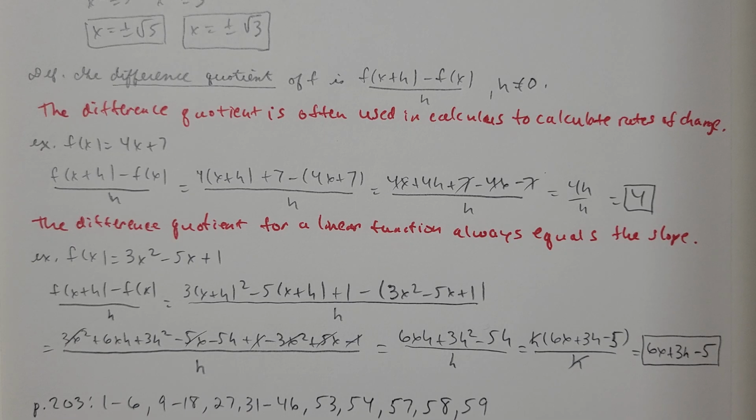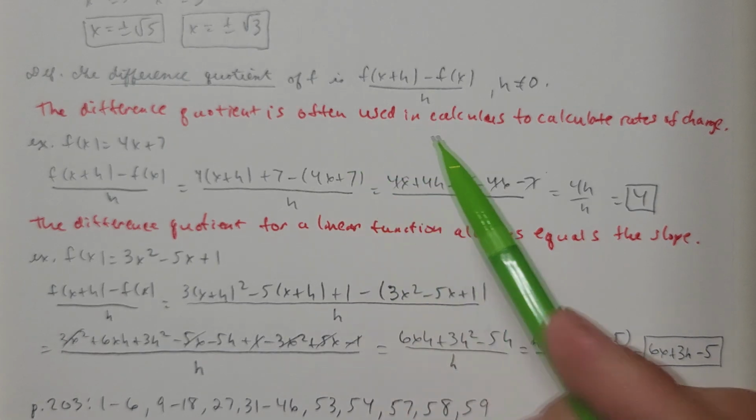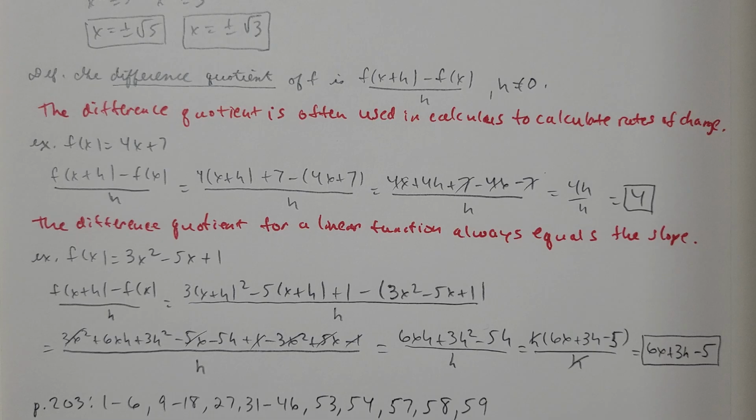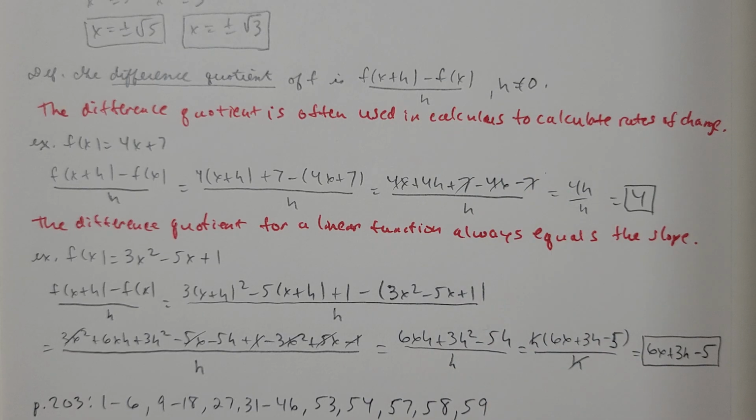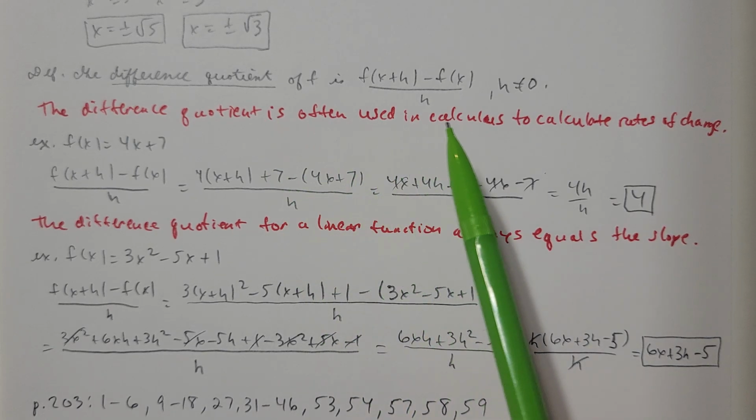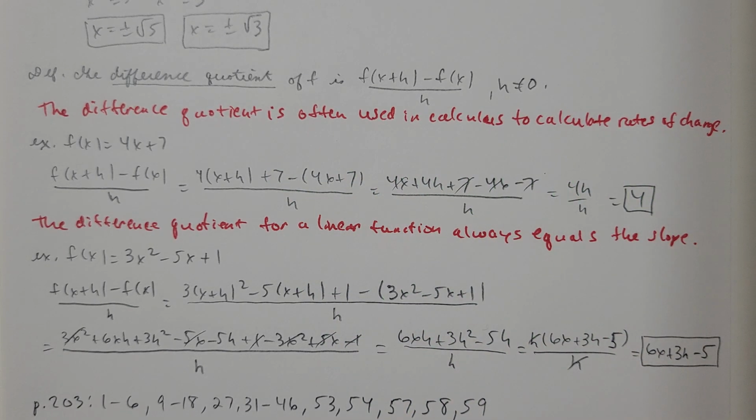The difference quotient of f, as a function, is f of x plus h minus f of x all over h, where h is some number. H can't be 0, though, because I know I can't divide by 0. It says that the difference quotient is used in calculus to calculate rates of change.